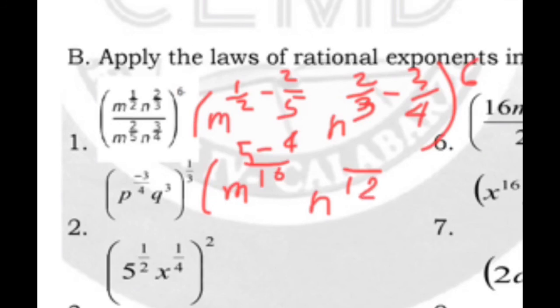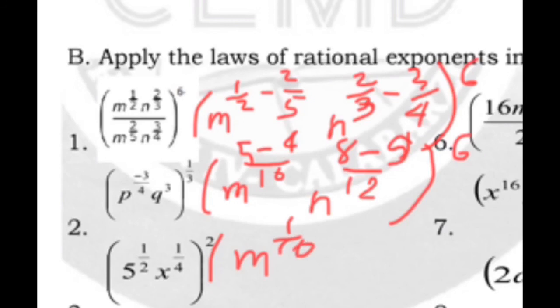Then 12 divided by 3 is 4 times 2, 8. Then 12 divided by 4 is 3, times 3 is 9. So minus 9, raised to the power of 6. So we can have this one as 5 minus 4 is 1. So m to the power of 1 over 10. Then this is n to the power of 8 minus 9 is negative 1, so negative 1 over 12, raised to the power of 6.